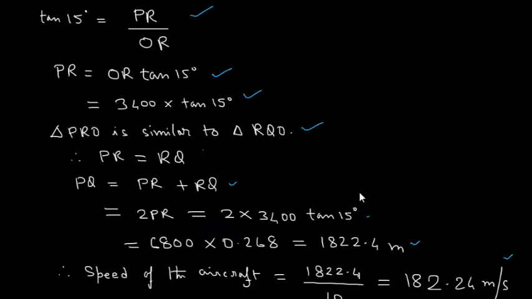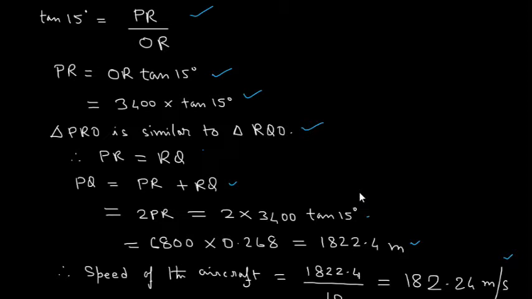PR is equal to OR tan 15 degree, which is 3400 into tan 15 degree. Triangle PRO is similar to triangle RQO, therefore PR is equal to RQ, therefore PQ is equal to PR plus RQ, which is equal to 2PR.